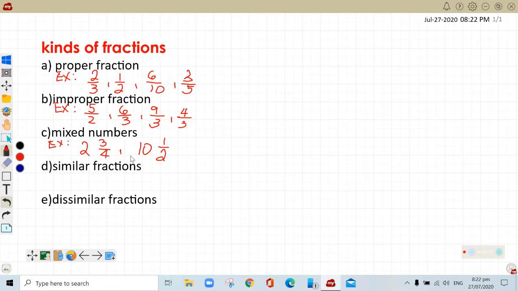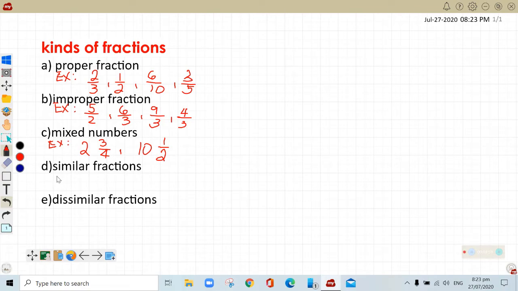So 10 is the whole number, 1/2 is the fraction. So mixed numbers are composed of a whole number and a fraction. So yun yung lagi nyong tatandaan. For a mixed number, lagi siyang may whole number at meron din siyang fraction. Okay? Next is similar fractions.